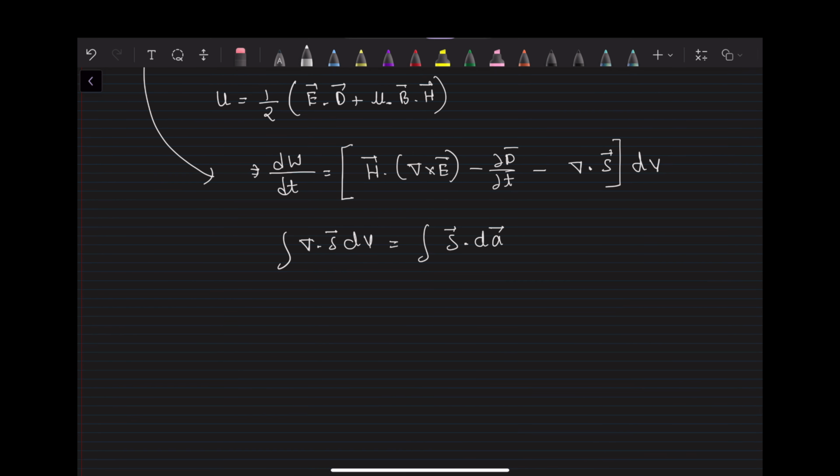Then we can rewrite this equation in terms of... we need to do some maths to find out exactly this, but yeah, I'm just skipping this part. U is energy density, energy stored in the field. Then these are left with volume integration, because here only we shifted to area integration using the Gauss divergence theorem.